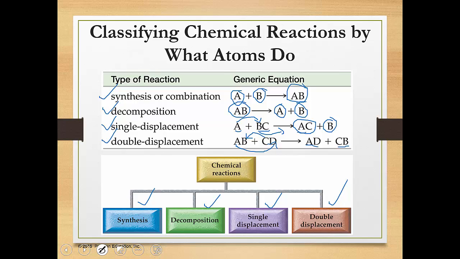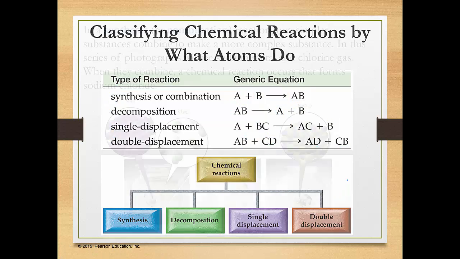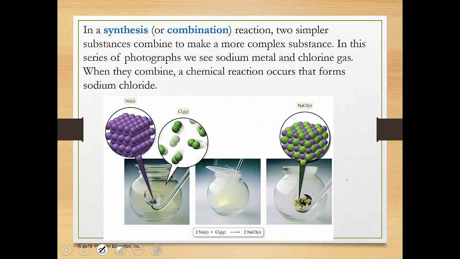So if we look at just where the atoms are and where they're going, we can have precipitation reactions that are double displacement reactions. We can have combustion reactions that will be single displacement, or they may be decomposition, depending on what we're looking at. All right, so looking at each of those categories a little more specifically.